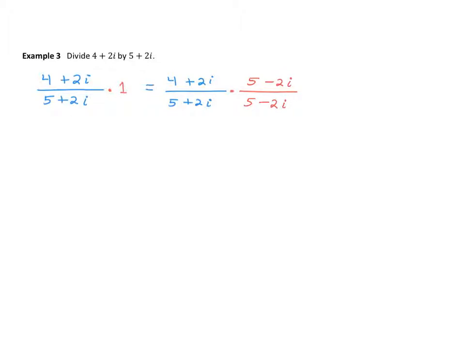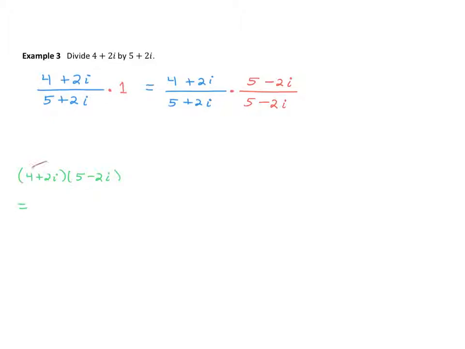All right, so here I've definitely multiplied by 1. It's just a very complicated way to write 1. Now I can simply multiply the numerators and multiply the denominators. Let's do that work separately off to the side. Let's start with the numerator. What is 4 plus 2i times 5 minus 2i? I want to be careful here.